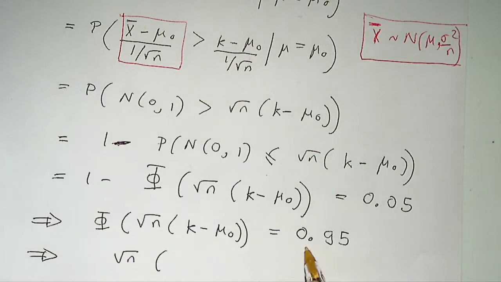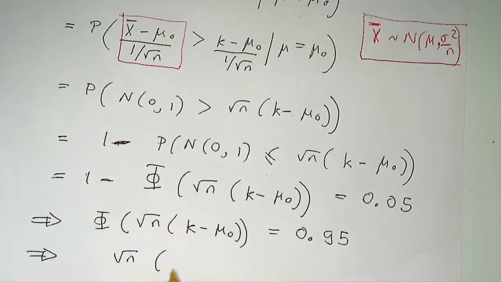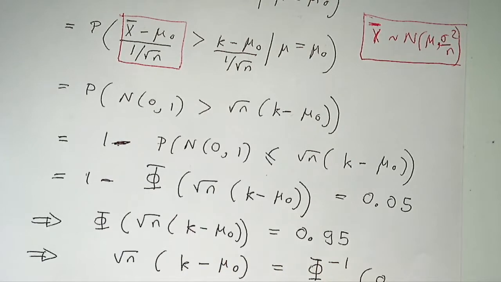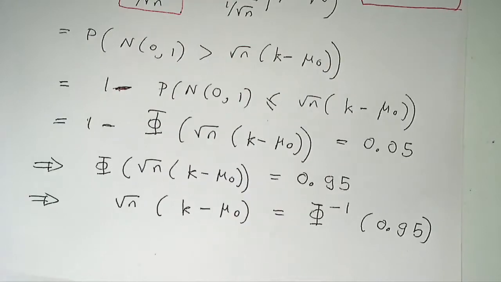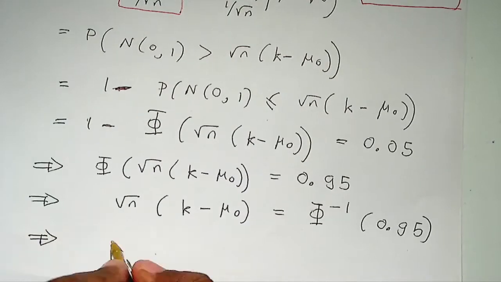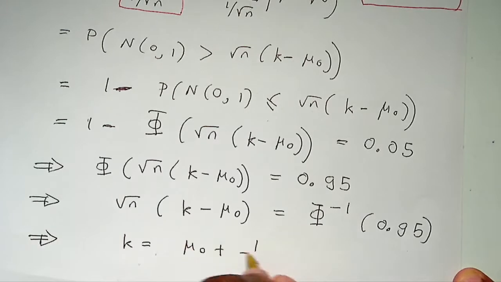You get 0.95 because of the one here. Then solving this equation, you get k to be equal to mu 0 plus 1 over root of n.